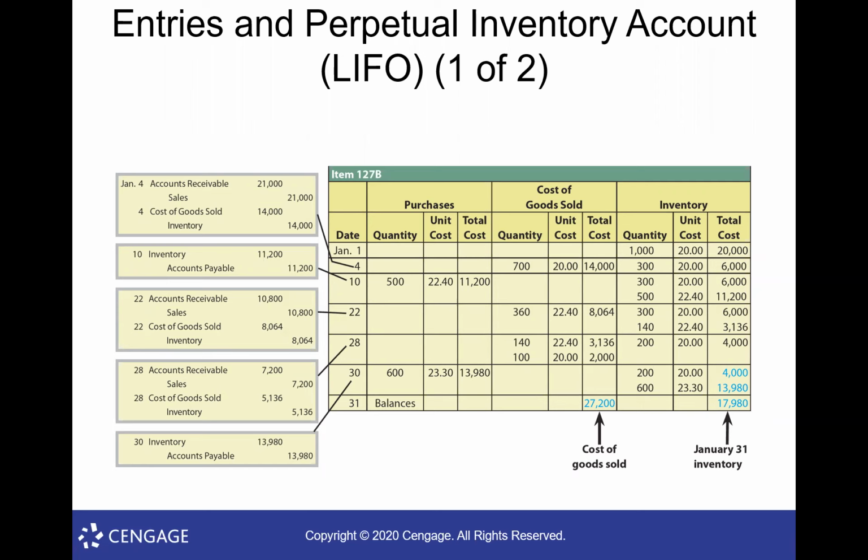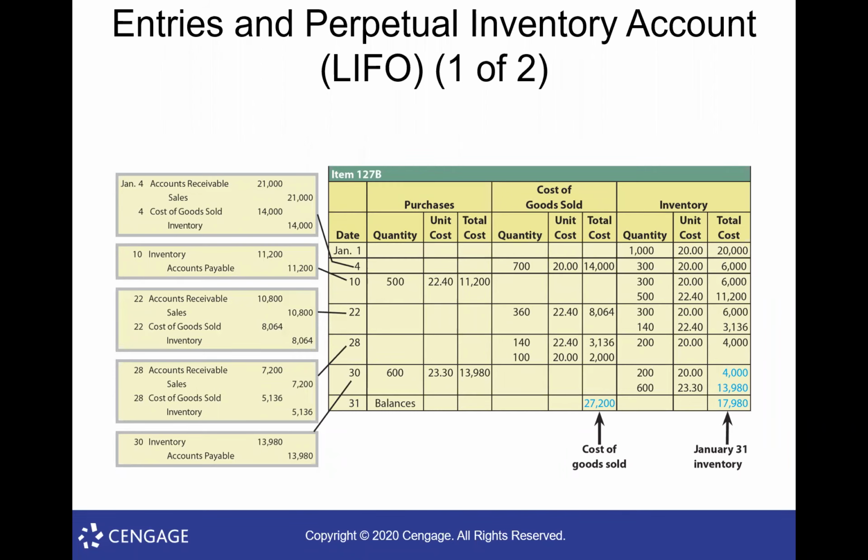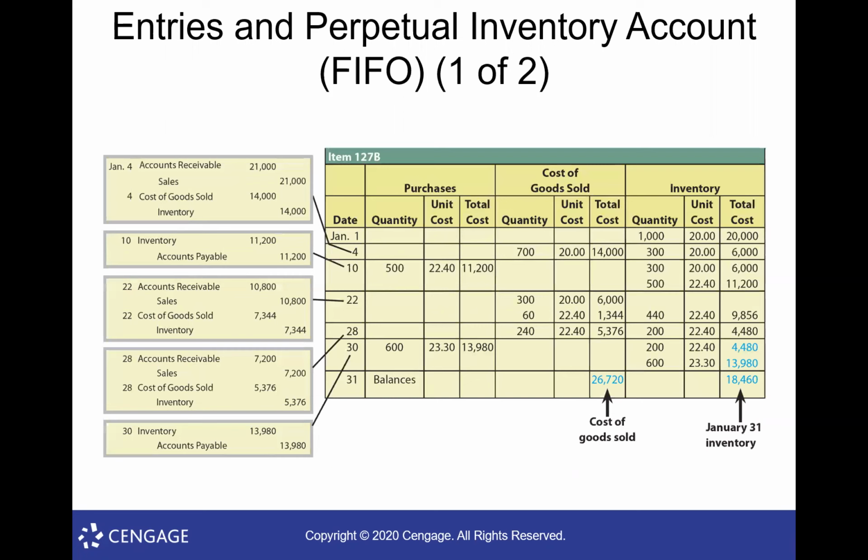What you'll find is that at the end of the month, the number of units will be the same regardless of the cost flow assumption you use. Before, we had 800 units left with first in, first out, and with last in, first out, we also had 800 units left. But our cost is different because we made some assumptions about which units. Under first in, first out, it was 800 of the most recently purchased units still left.